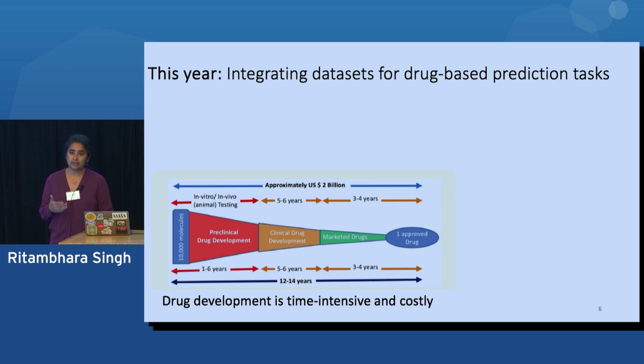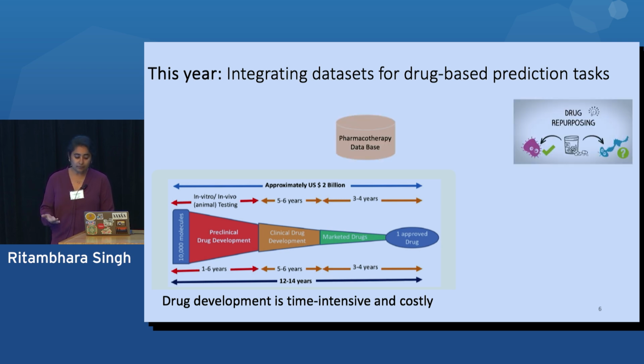As we all know, drug development is time-intensive and costly, and there has been a lot of work done to try and make this process more efficient and more effective. In that vein, we have collected a lot of databases. For example, one of them is known as the pharmacotherapy database, which records information about drug repurposing, so the same drug being used for different diseases.